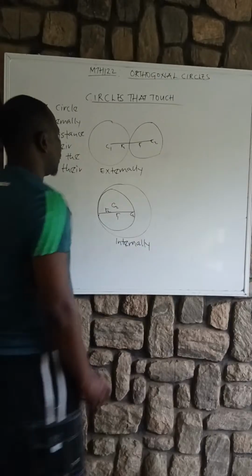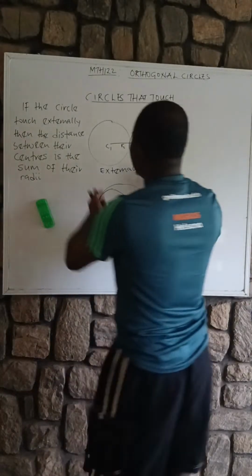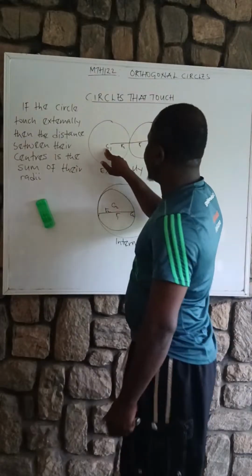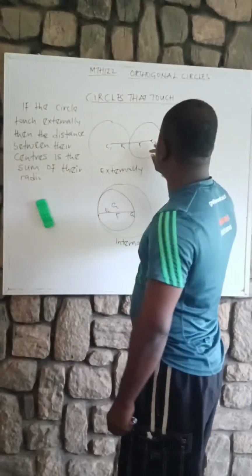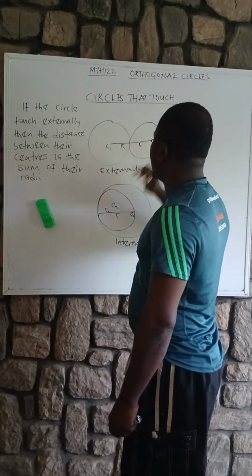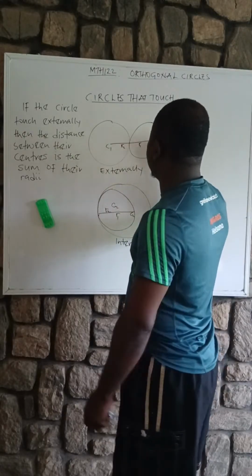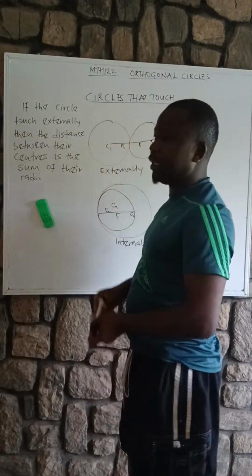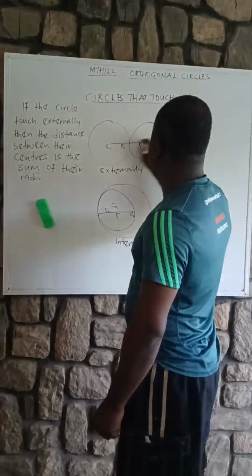Can you see now? This is the center of this circle, and this is the center of this circle. So the distance between them is the sum of their radii.